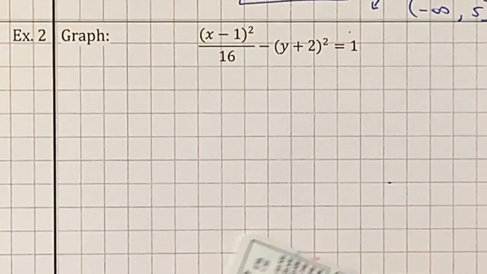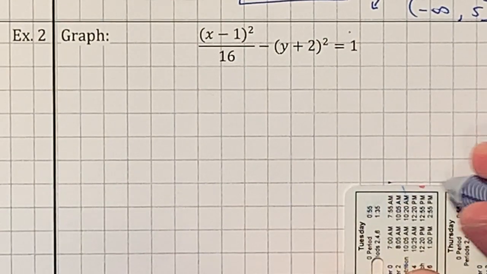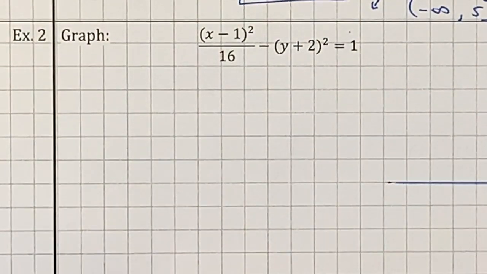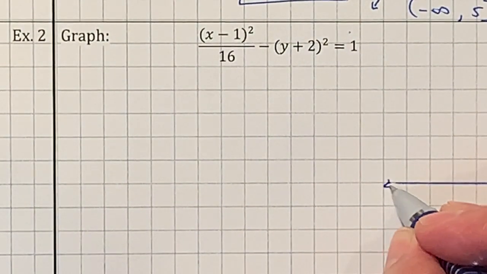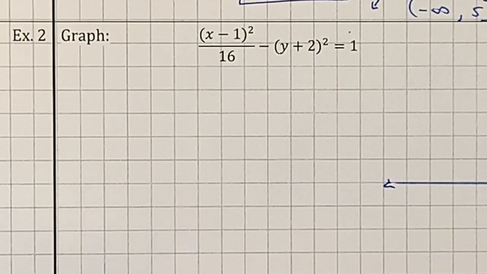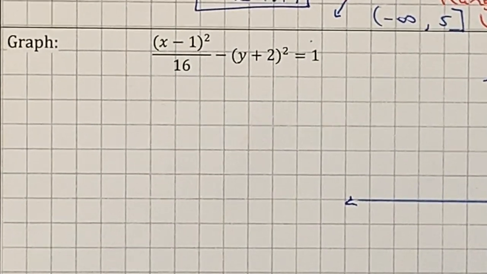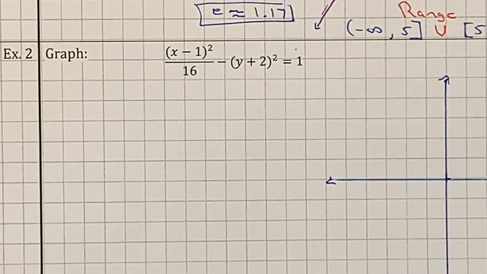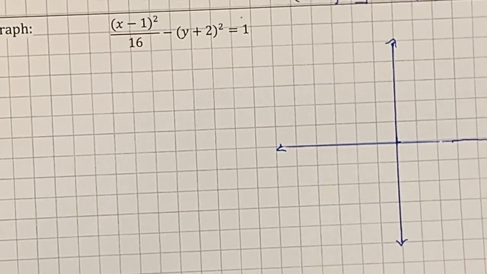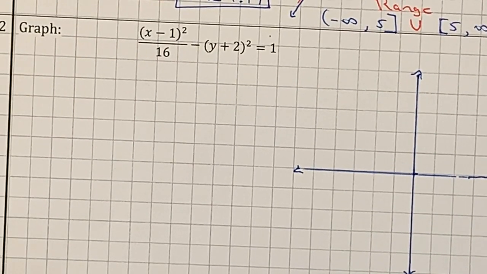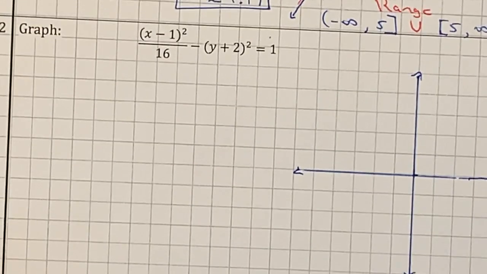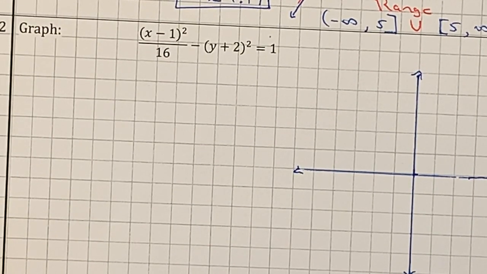All of you guys should be using a ruler or your ID. So go through the process, find your center, find the value of A, B, find the value of C, graph it.